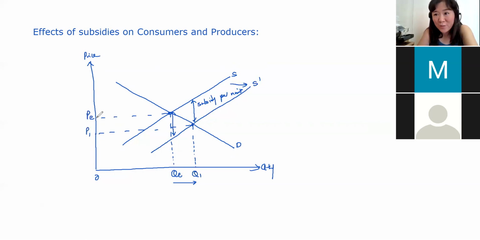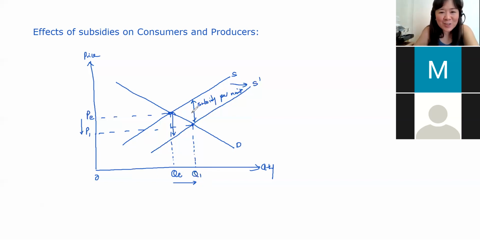You can see that the consumers used to pay PE for the good, but now they are paying a lower price of P1. So a very direct, positive effect of subsidy is that it reduces the price that consumers need to pay, and it also increases the quantity transacted for the good. It sounds good, doesn't it?